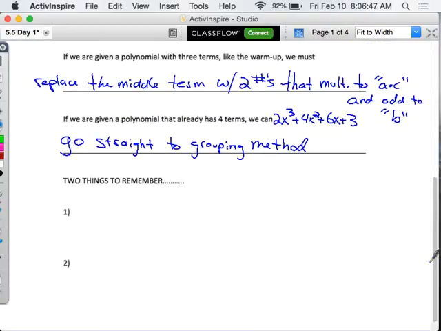Two things to remember. Number one, always take out the greatest common factor first.